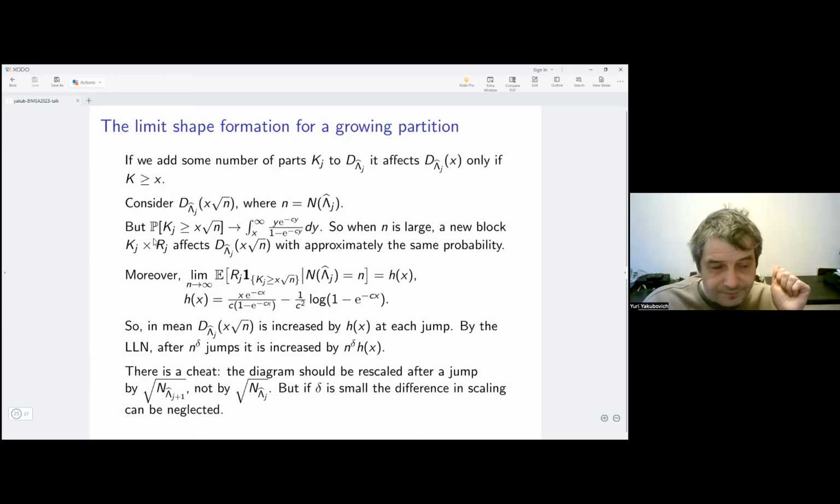Then we know from the theorem I had a few slides before that the probability that the part over square root of n is bigger than x converges to some number depending on x.